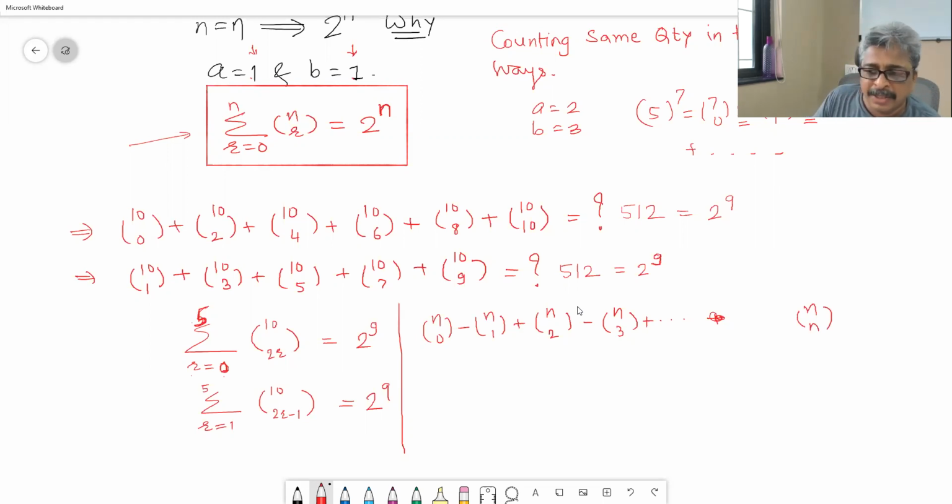Now if n is odd, then the last term will be negatively signed, minus 1 raised to n. Okay, that will be our last term. If n is even, last term will be positive. If n is odd, last term will be negative. So can we find out how much is this?